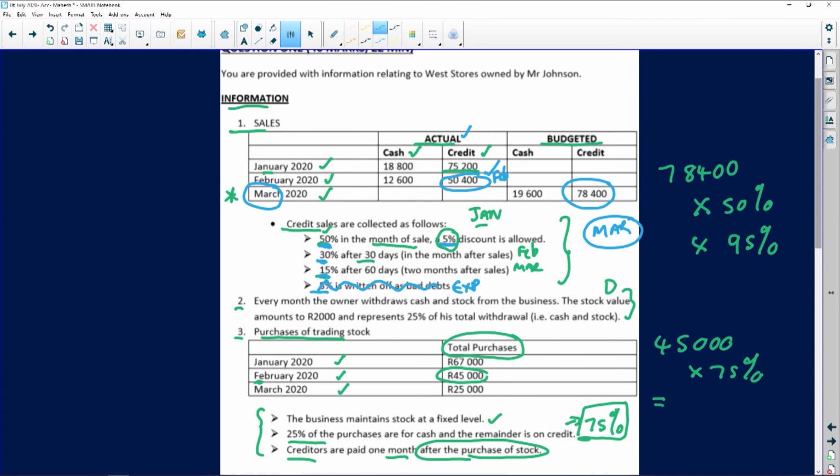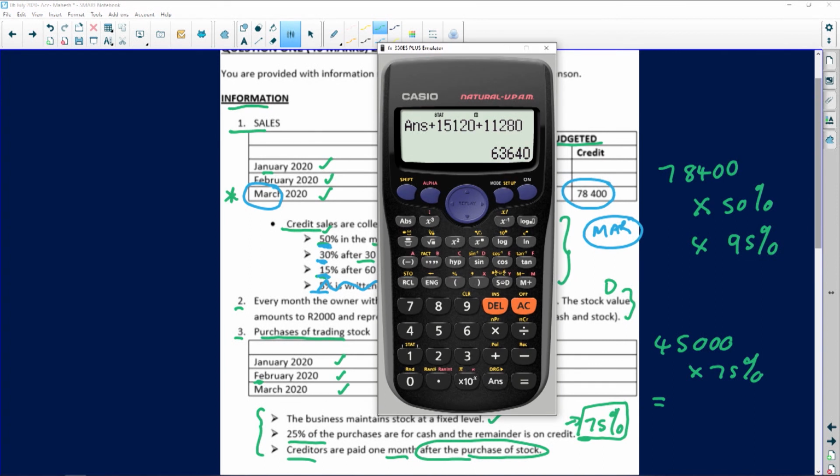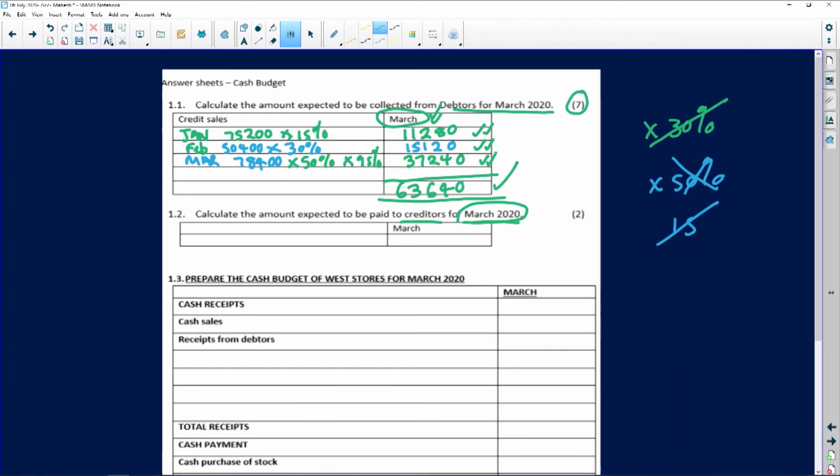So the amount that you would have purchased on credit in terms of stock, so let's clear that, 45,000 times 75%, and that gives us an amount of 33,750. Okay, so that is the amount that I would pay in March.